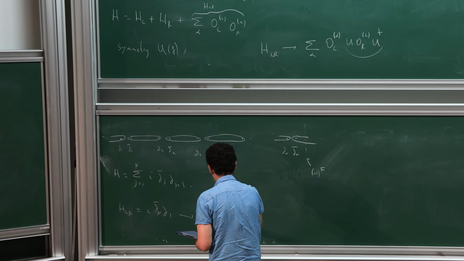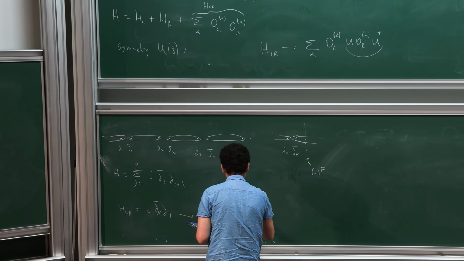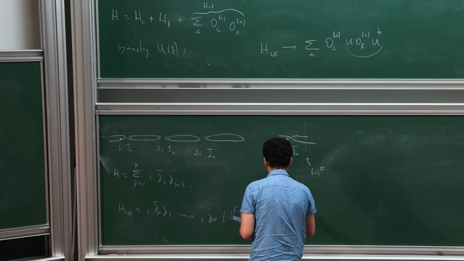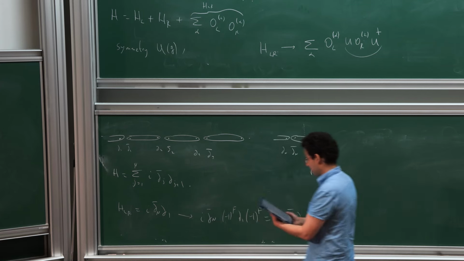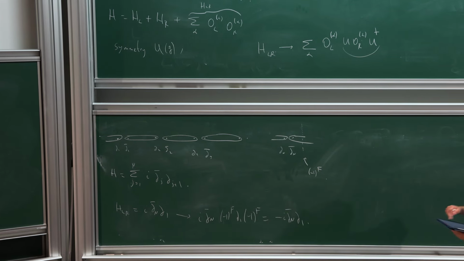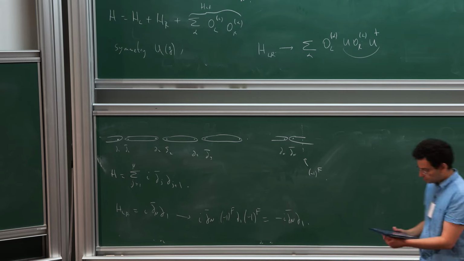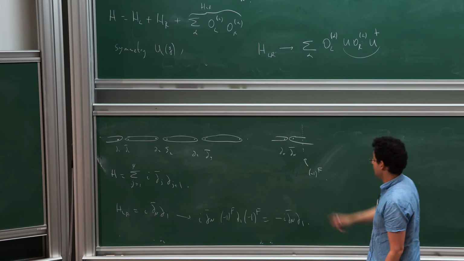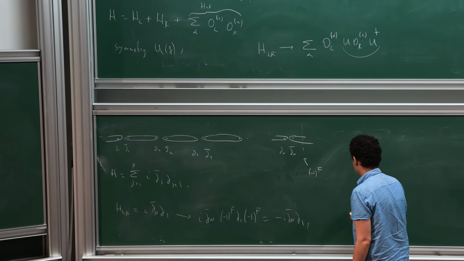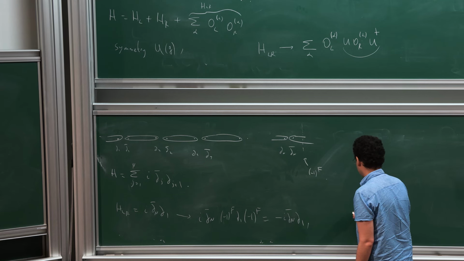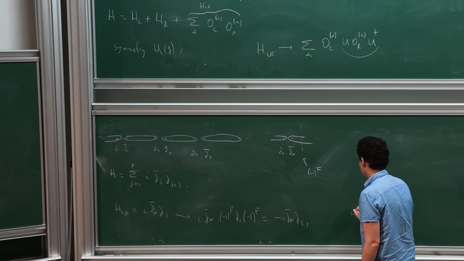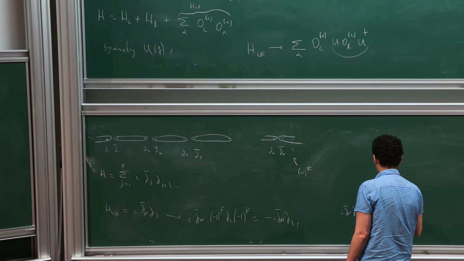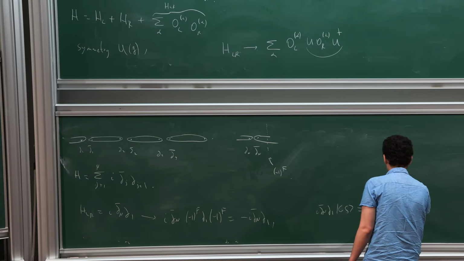Just write like this. I gamma n bar gamma 1. Okay. So if previously, before we put in the twist, the ground state carried I gamma n bar gamma 1 times ground state is minus ground state.